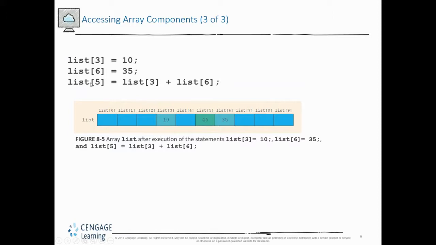Here you can. So in this case, list[5] will be assigned the number 45 by taking the 10, which is list[3], plus list[6], which is 35. So 35 and 10 is 45. We all know that, but we're doing it here programmatically and saying list[5] = list[3] + list[6]. So you can do that, right? Okay.